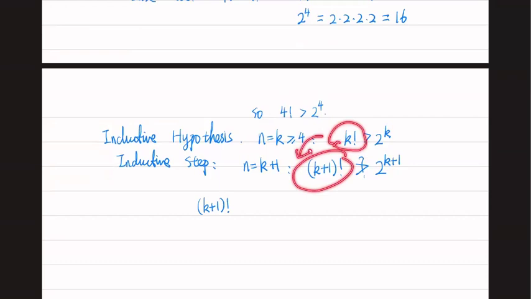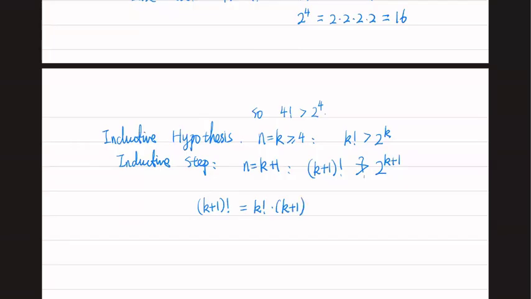Amy, how do we go from k factorial to k plus 1 factorial? You just add another one. We add k plus 1 at the end. So this will be k factorial with 1 additional k plus 1.